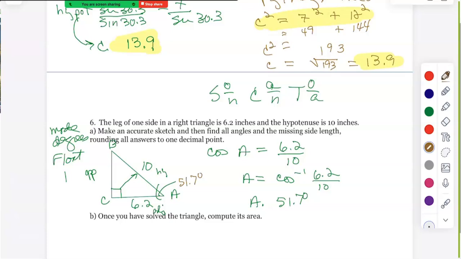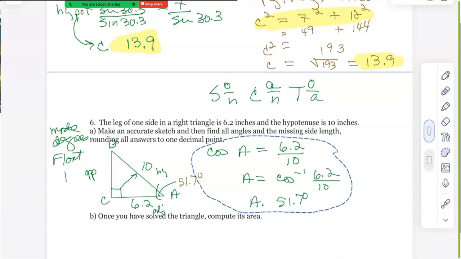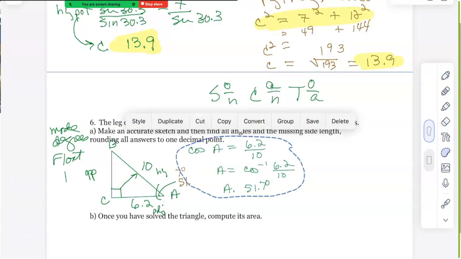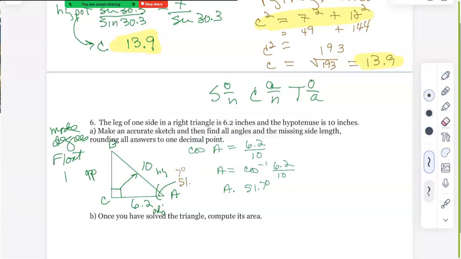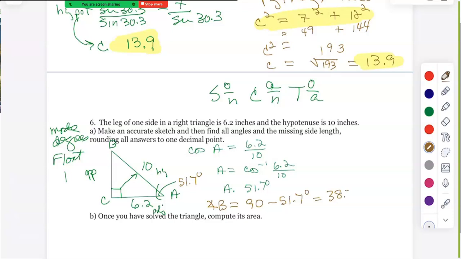Okay, let's get angle B. Angle B is just going to be 90 minus 51.7, because remember there are complementary angles inside the right triangle, and I'm going to get an angle of 38.3 degrees. So this angle up top is 38.3 degrees.